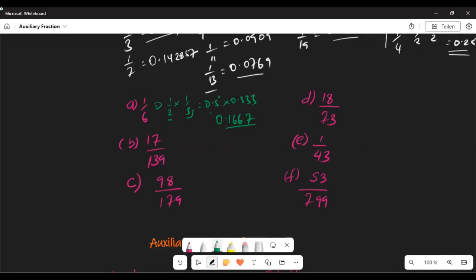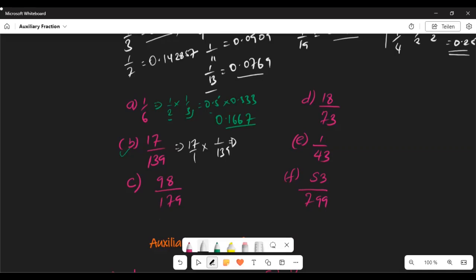Now let's look at how we want to deal with B. So 17 over 139. This can also be written as 17 over 1 multiplied by 1 over 139. The thing is that 139 is only 1 less than 140.